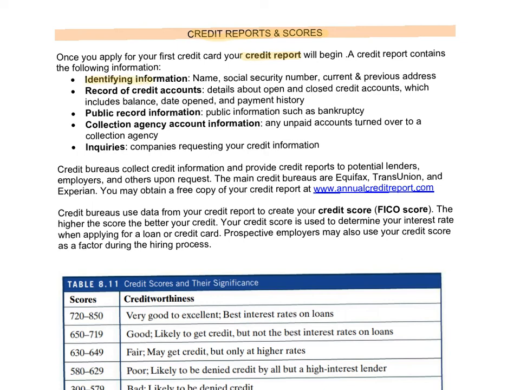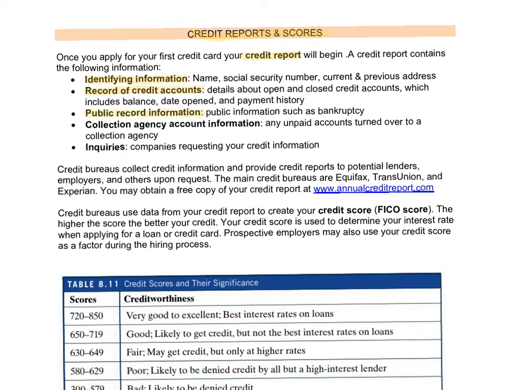It contains identifying information like name, social security number, current and previous addresses, a record of credit accounts. So it's details about open and closed credit accounts that you have. It includes the balances you have on your credit cards, the date you opened your credit cards, and your payment history. Public record information.